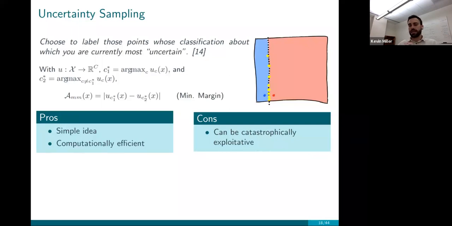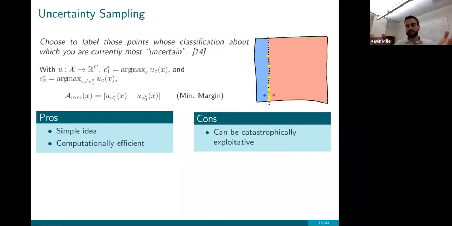So while this can be catastrophically exploitative, and most active learning acquisition functions are designed to be better than this type of uncertainty sampling, there are some pros to this flavor of acquisition function.